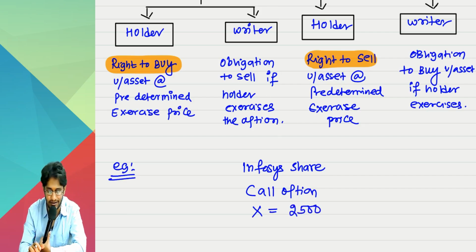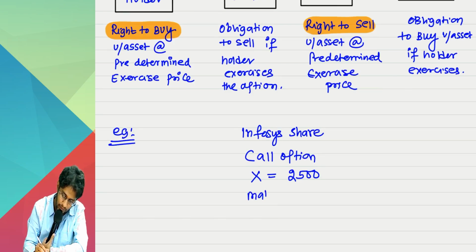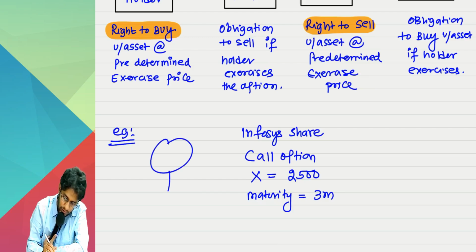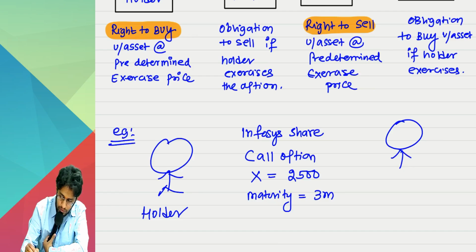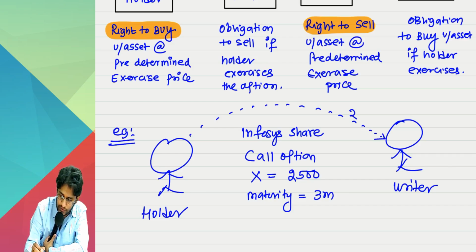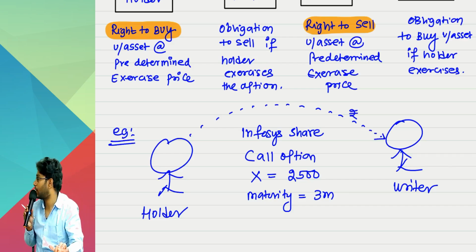X stands for exercise price. Maturity is 3 months. This fellow is the holder. This fellow is the writer. Of course, holder pays some money to the writer, otherwise he will not become a holder in the first place.